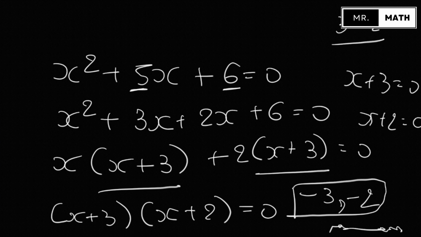If c term is negative, then we find the factors of c in such a manner that subtraction of both factors is the b term. And if c term is positive, then we find the factors of c term in such a manner that addition of both factors is the b term. Till now we have seen this.